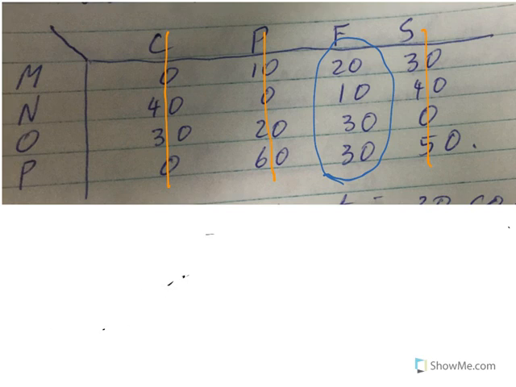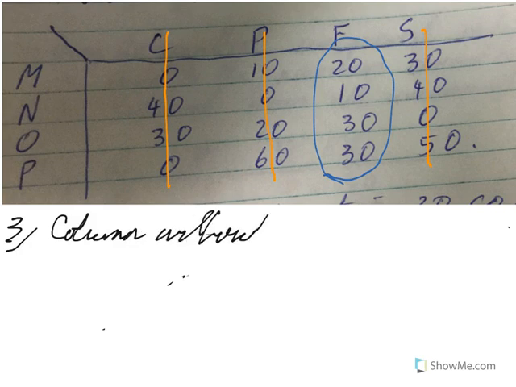Alright, so step 3. For the column without a 0, alright, we want to subtract the lowest number from each.